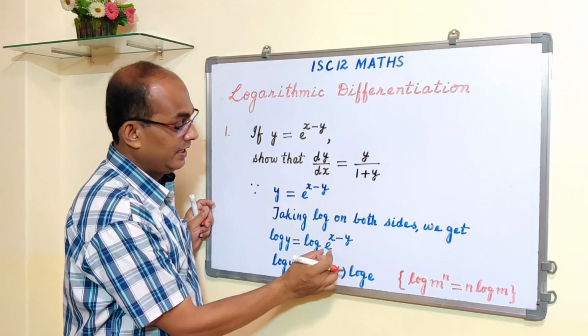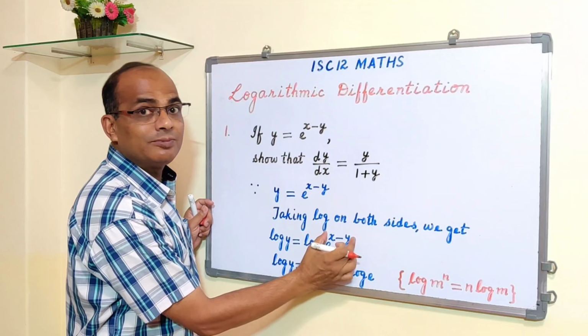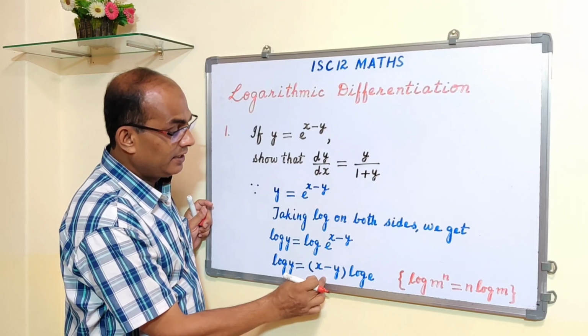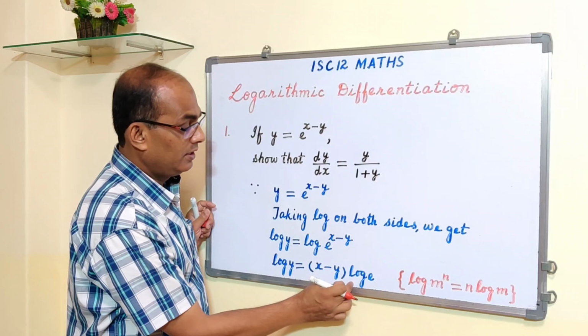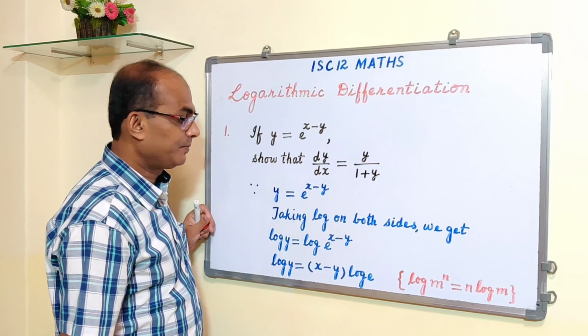Here m is e, and m raised to the power n is e raised to the power x minus y.